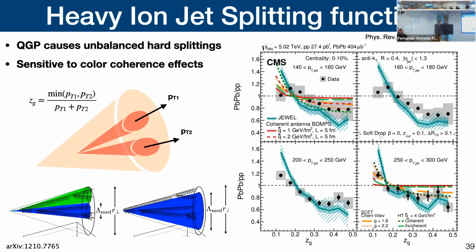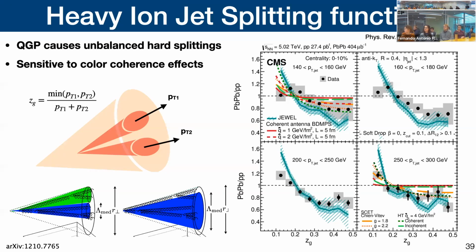There have been some measurements done of this in heavy ion collisions. This is the measurement we did in CMS. What's shown here is the lead-lead splitting function divided by proton-proton as a function of this variable z_g. z_g is essentially the minimum of these two momenta divided by their sum. So if these are evenly balanced in momentum, this is equal to 0.5.